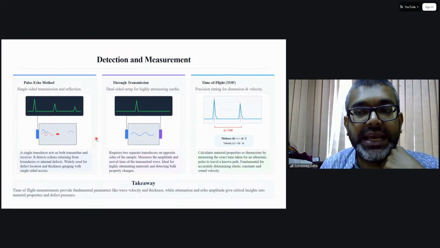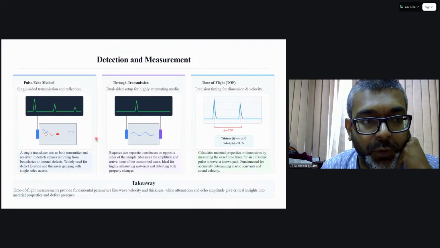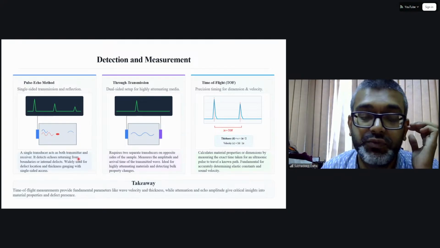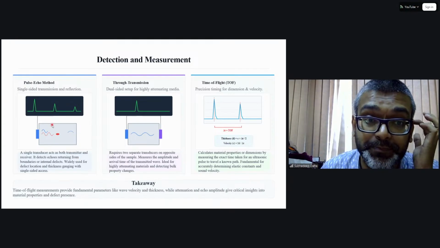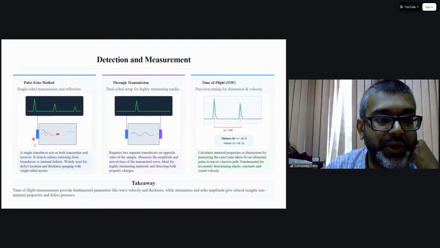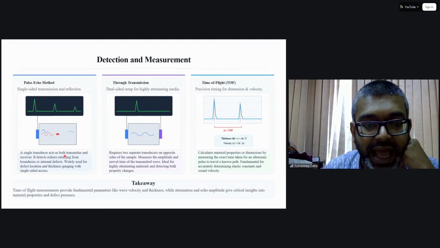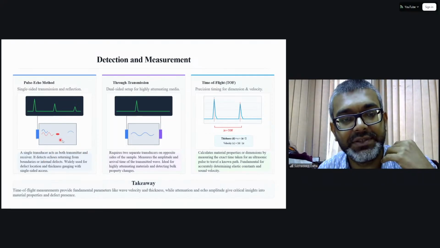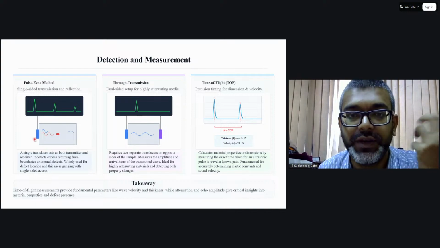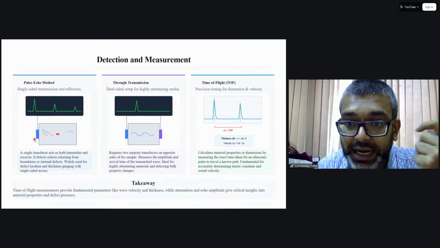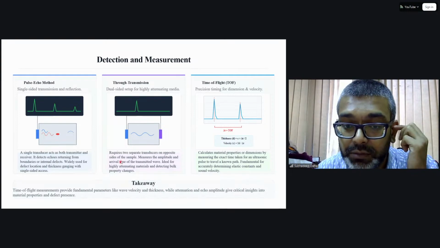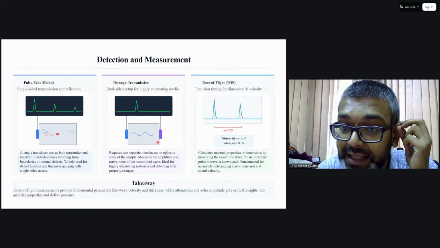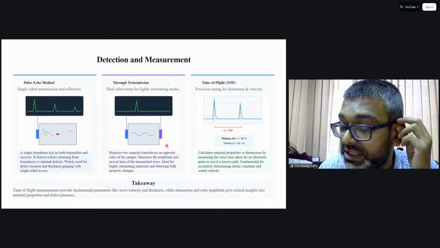How can you detect this sound propagation? Of course, pulse echo is one approach that can be used, which is like a reflection. As you can see here, a single transducer acts as transmitter and receiver. You create some sound and get the sound back, so it's more of an echo. You can also use through-transmission methods, dual sided, where you create sound and then get the transmission spectra.